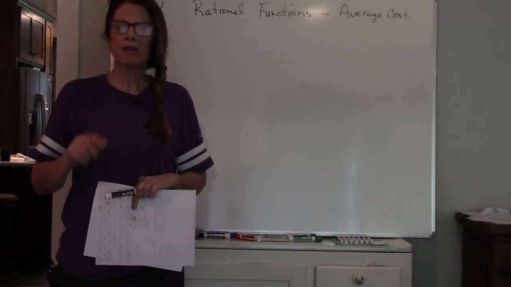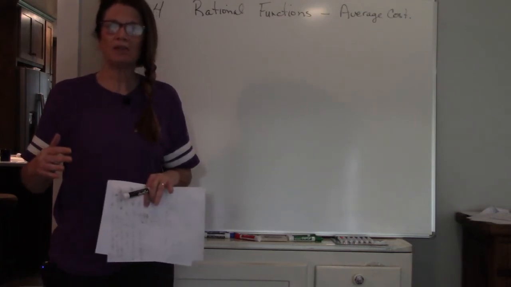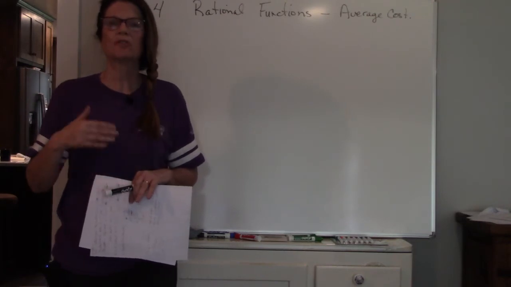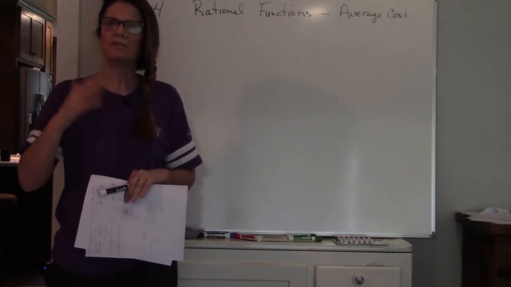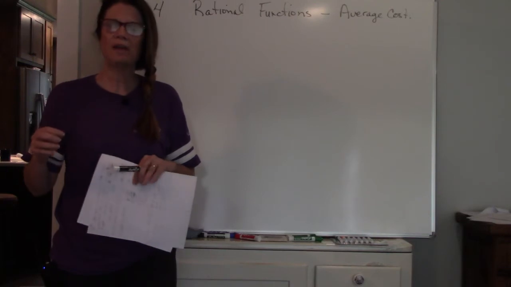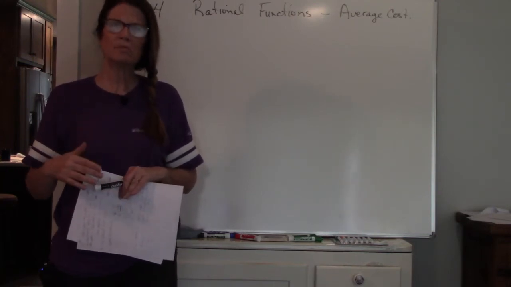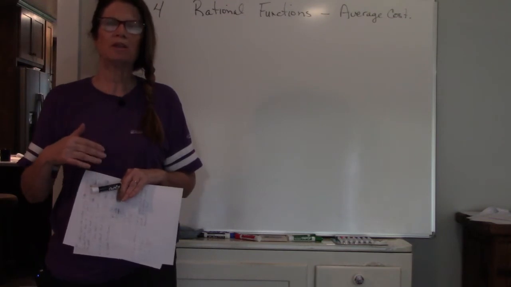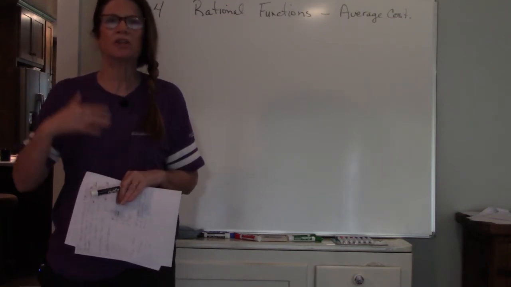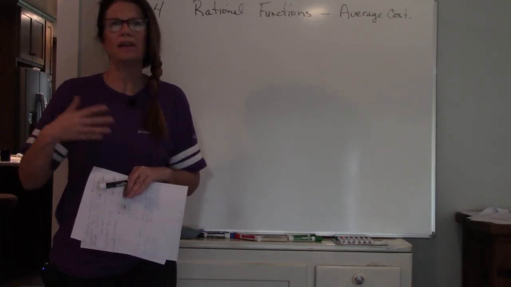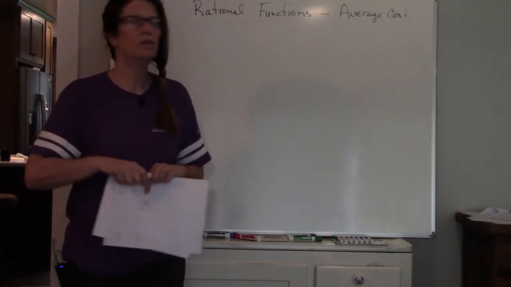One thing about rational functions, in the graphing of them, there are certain things called asymptotes. An asymptote is just an invisible line that the graph approaches, but it doesn't cross. The only asymptote we're going to have to worry about with a rational function, in the three examples that we're going to do, is the horizontal asymptote.